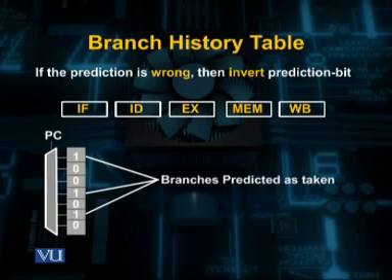If the branch prediction is wrong, then this bit is inverted. So the branch target address in the prediction buffer helps to reduce the branch delay when the delay is longer than the time to calculate the target address.